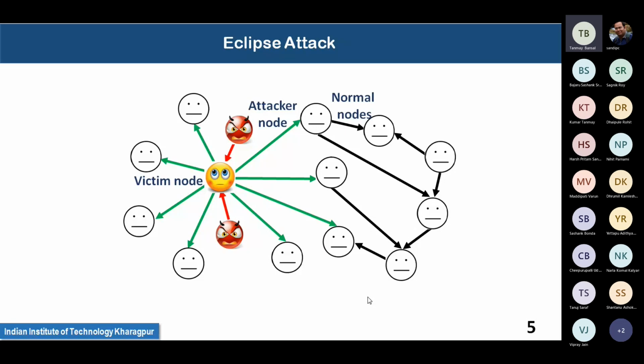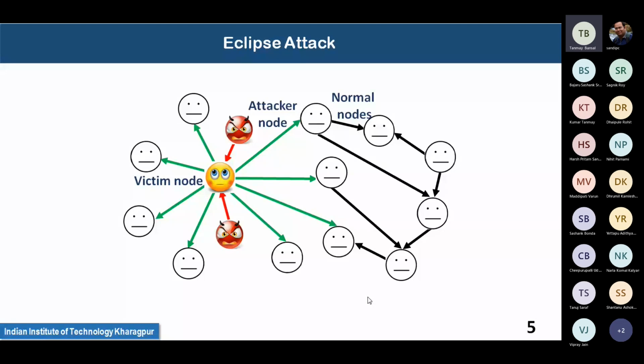So these are a set of addresses which, quote unquote, belong to the attacker. And once that is done, then the entire communication with this victim node will be controlled by the attacker. That is what it will try to do.